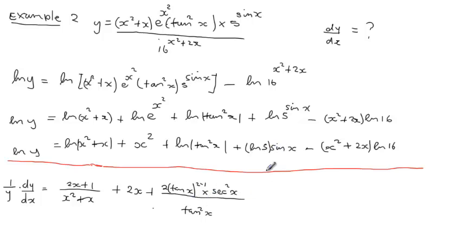Then when I come here, I just have a number multiplying sine. So the derivative of sine is cos x, and that number will multiply the derivative of that function, so it will be ln 5 cos x minus, here I've got ln 16 multiplying this function.